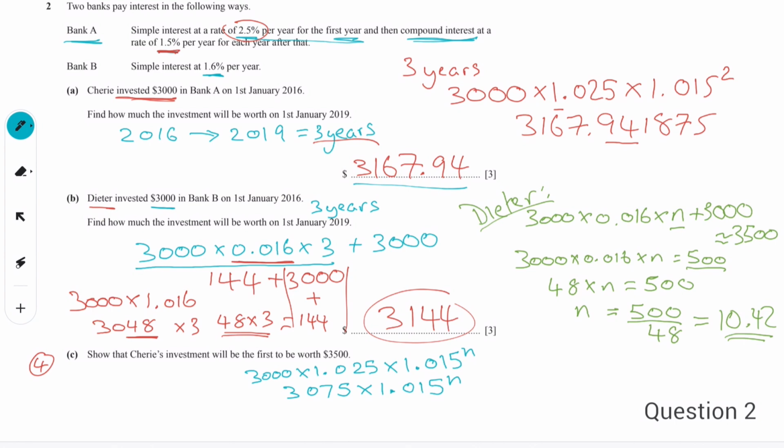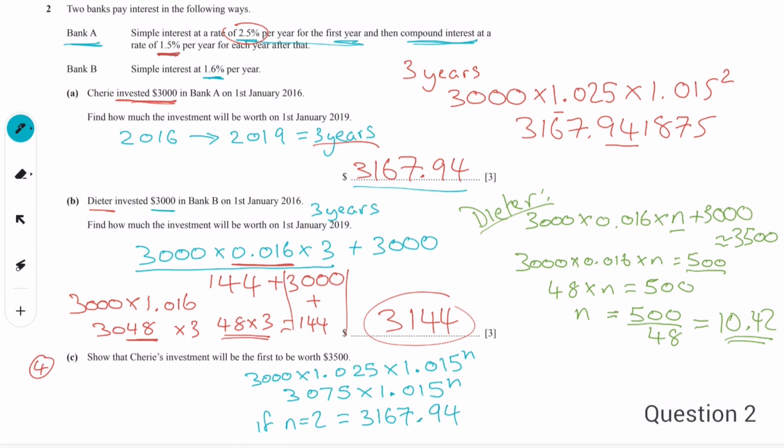Now, if I set n to be 2, I should get this number here. If n equals 2, then we know that that number is 3167.94. So what I'm going to do is, based on this, I'm going to take the number 10 here, and I'm going to put, if n equals 10, what is going to be my output?